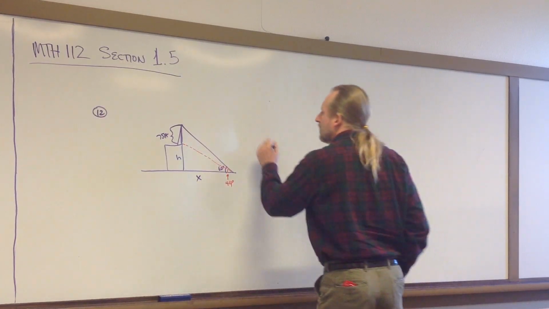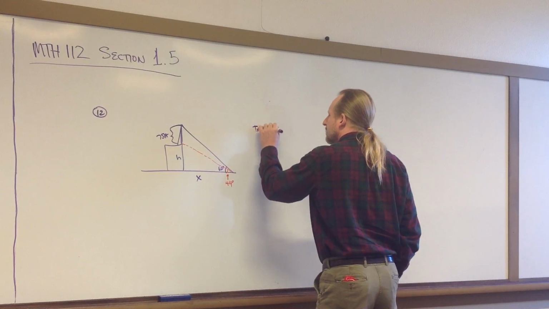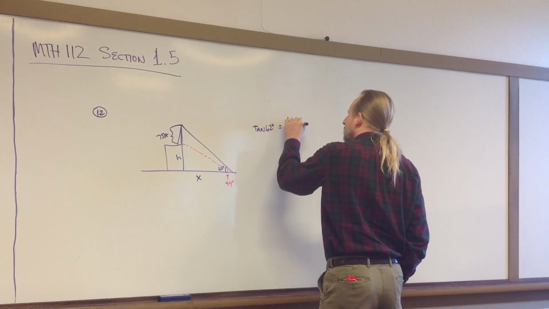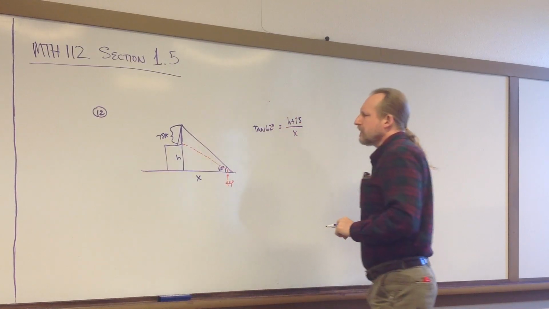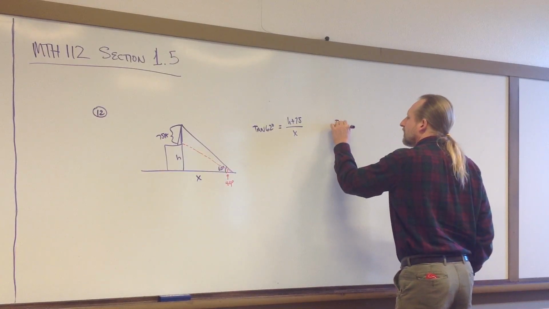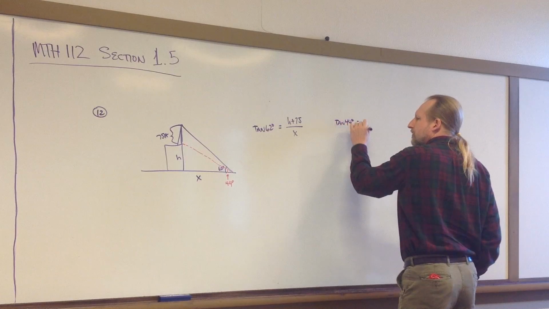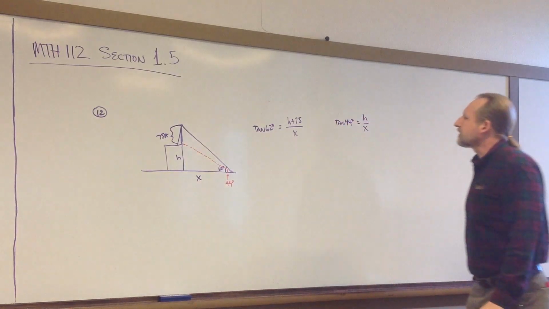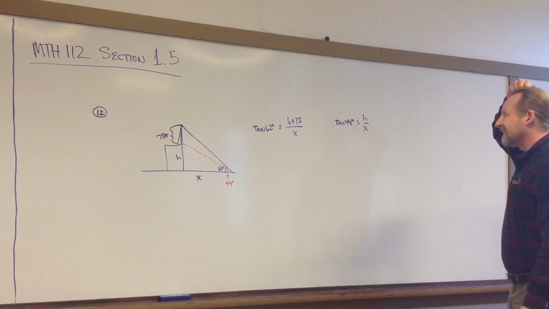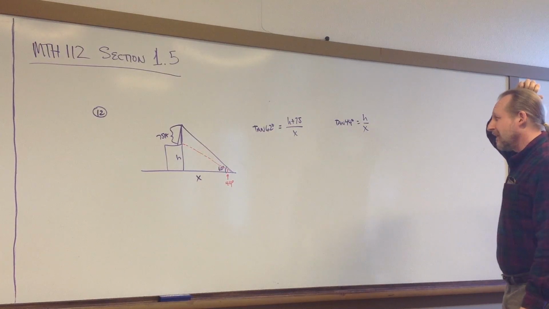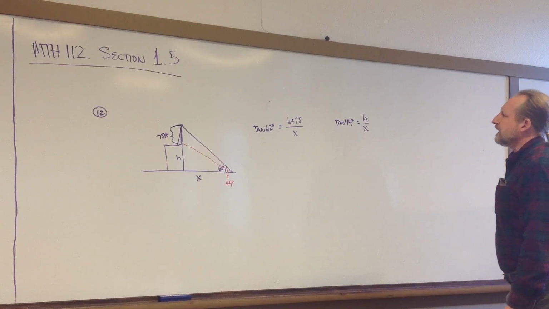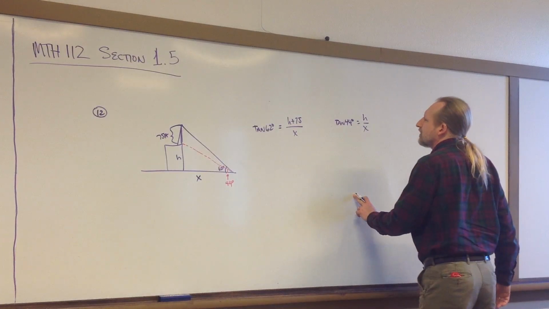The big triangle, we've got the tangent of 62 degrees as being h plus 75 over x. And then in the small triangle, we've got the tangent of 44 degrees just being h over x. Okay, let's see here. What do we want to do? Well, let's get both the h's by themselves.